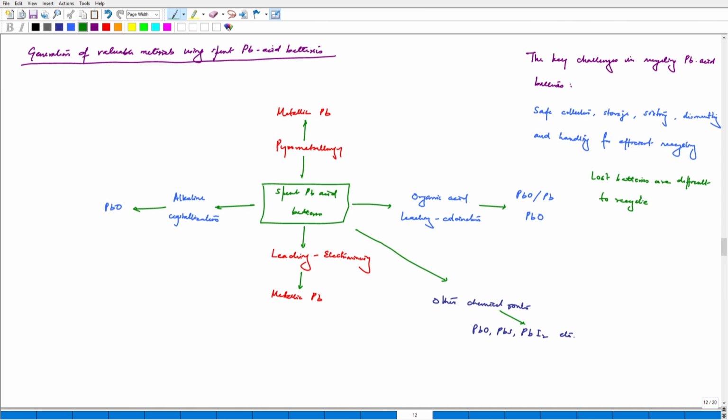So one really cannot claim the materials back, which means it is going to go for environmental pollution. One really has to think about what we should be doing about the lost batteries.